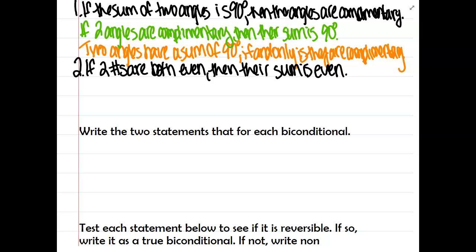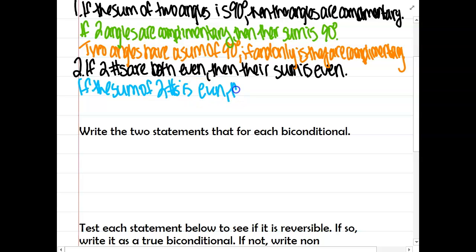What would the converse read for this one? If the sum of two numbers is even, then both numbers are even.